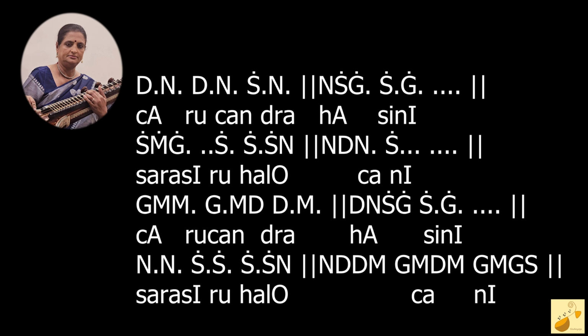Chandra will be Nisa 1 strike, and from Sa back to Ni, that is 1 strike, and then Hasini, Nisaga 1 strike, and from Ga you strike and come to Sa, and then back to Ga again from Sa. So this is all that interconnection and mixing of frequencies that's very important for you to bring out the soul of the song.